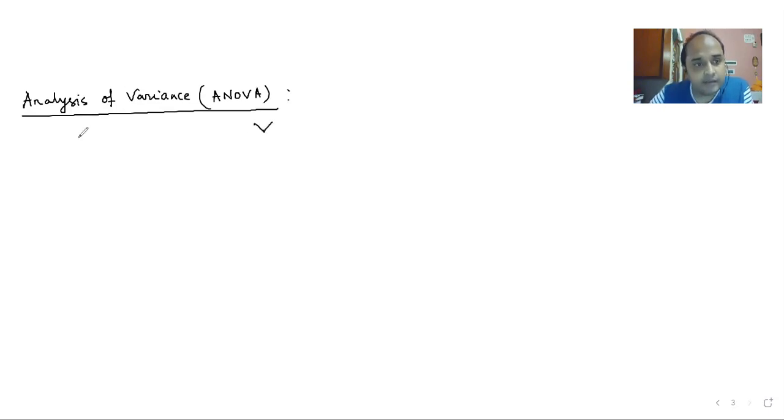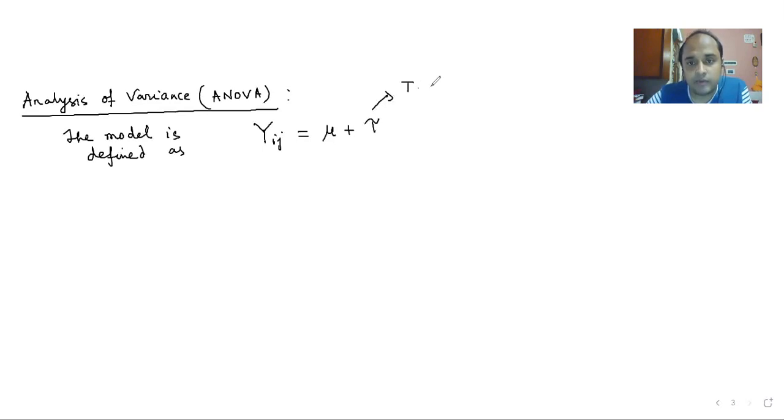ANOVA. And this model is a linear model, and this model is defined as follows. The ANOVA model is defined as Yij is equal to mu plus tau i plus epsilon ij. This letter is called tau, and this letter is known as epsilon.